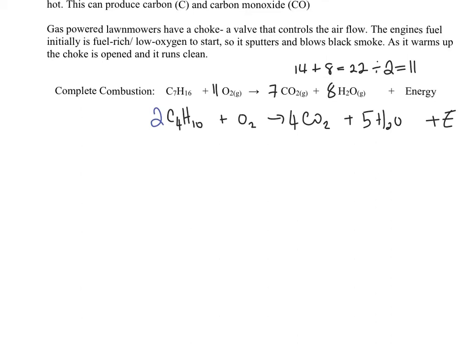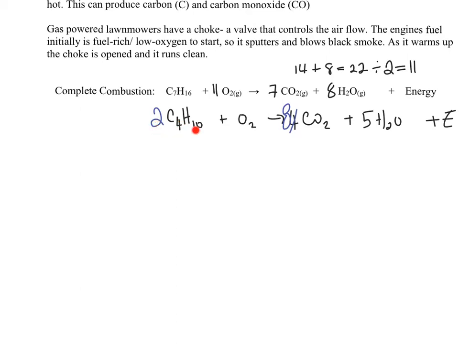So 2 butanes, which means we now need 8 carbon dioxides, because 2 times 4 is 8, so that takes care of our carbons.